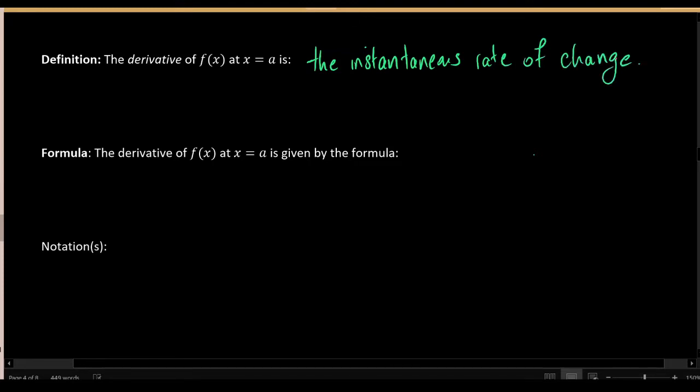So when you see the word derivative, you should think of this as being synonymous with the phrase instantaneous rate of change. The derivative is the same thing as the instantaneous rate of change. The derivative is the limit of the average rate of change as the interval gets smaller and smaller and smaller.